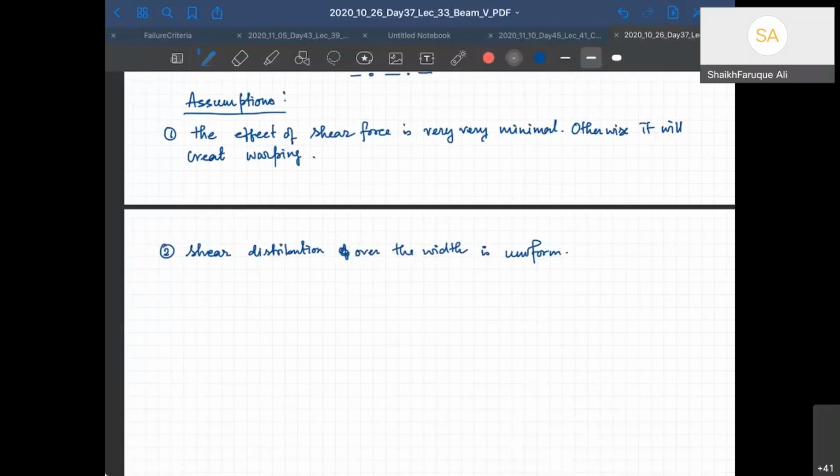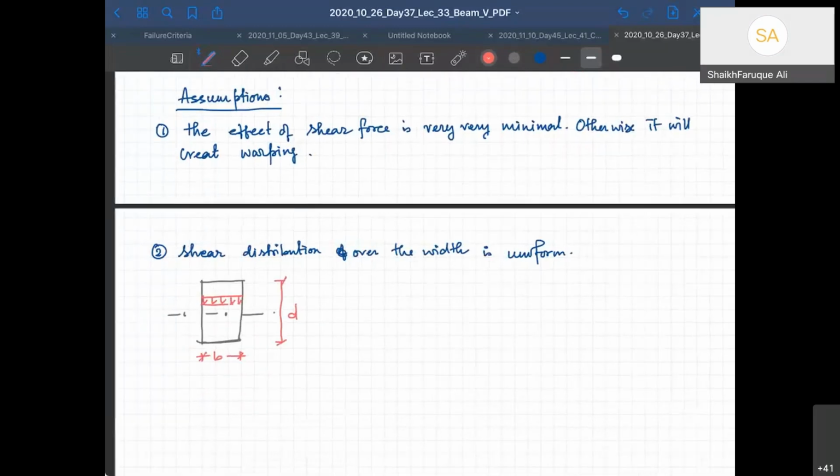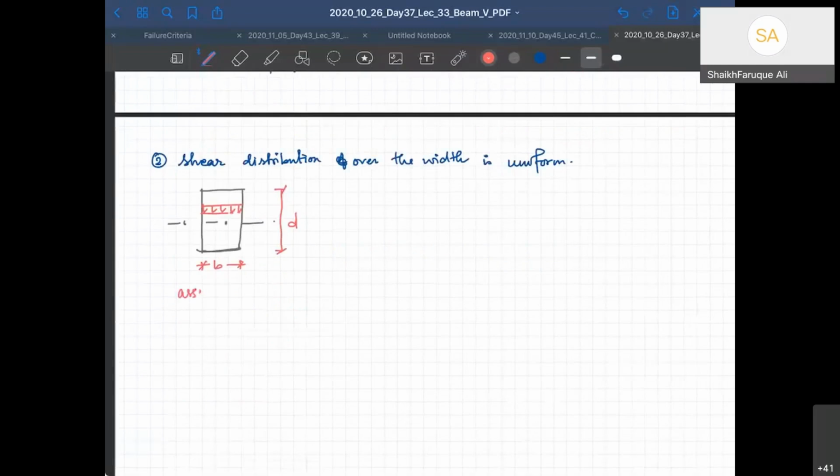If you have a cross section like this, with this your B and this your D, then your shear stress distribution is constant across the width, uniform. But this is an assumption.